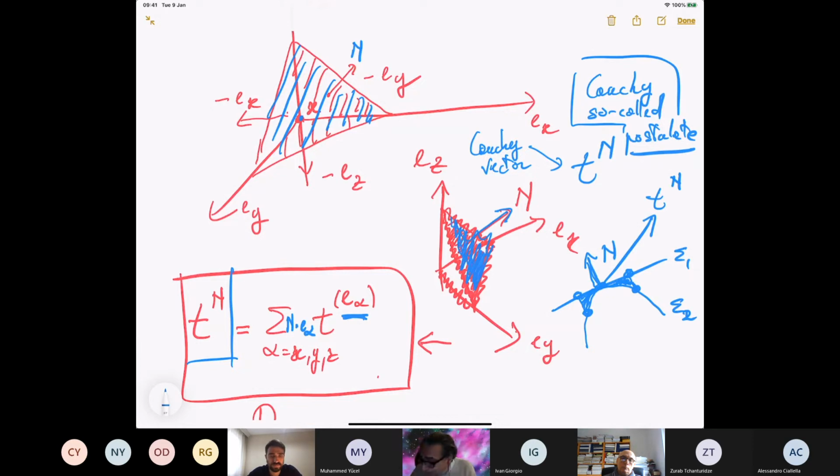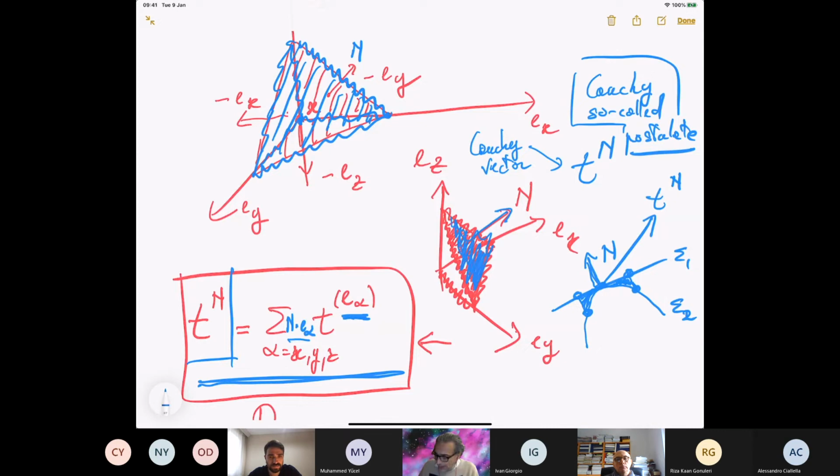And assuming that there are no edge forces on the edges, and here you have many edges, okay, he proves linearity. So that Tn depends on Te alpha, where E alpha are the three directions of the coordinate systems, with a linear combination given by n dot E alpha.